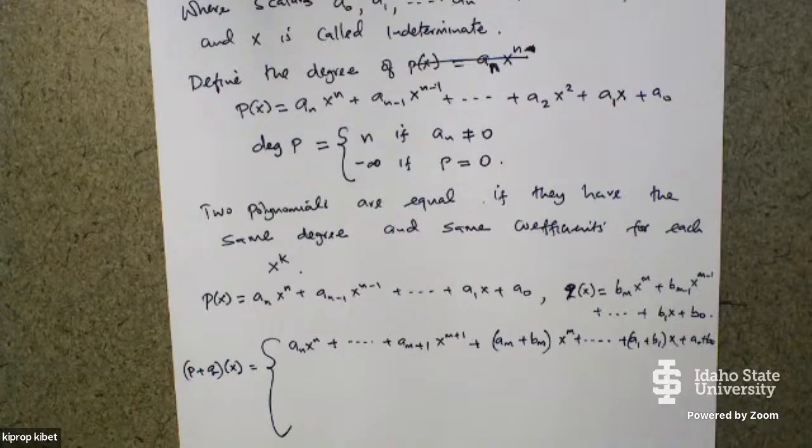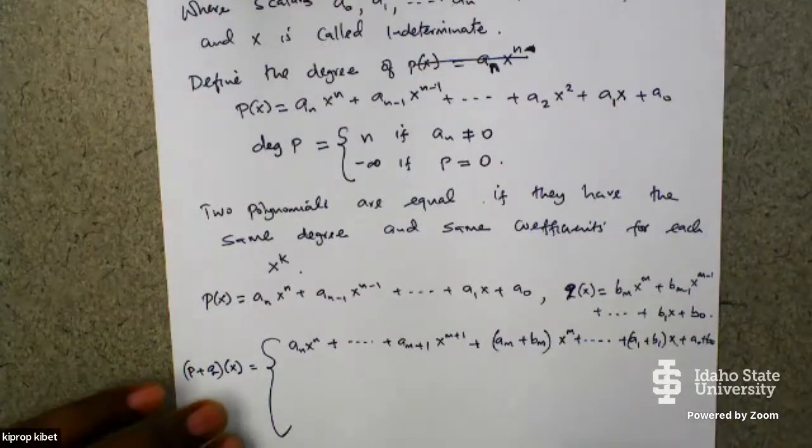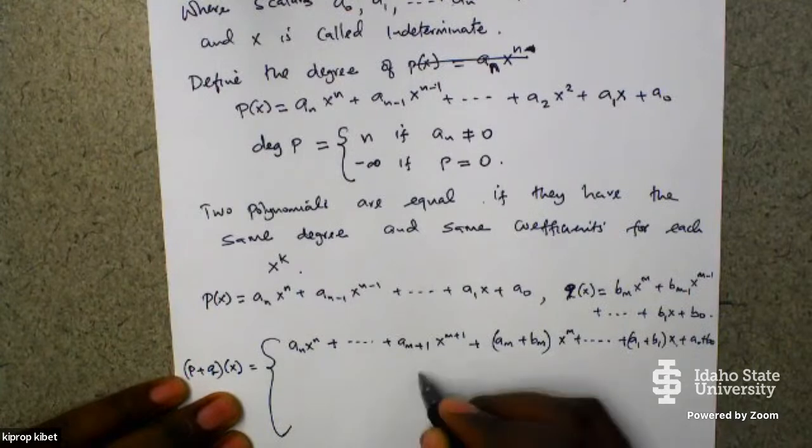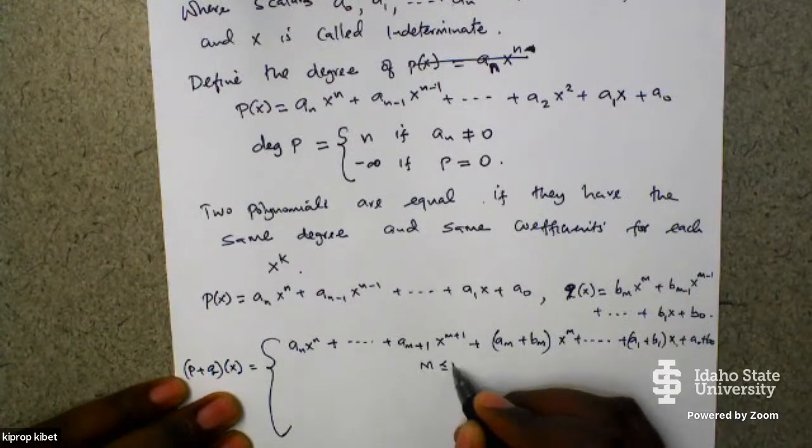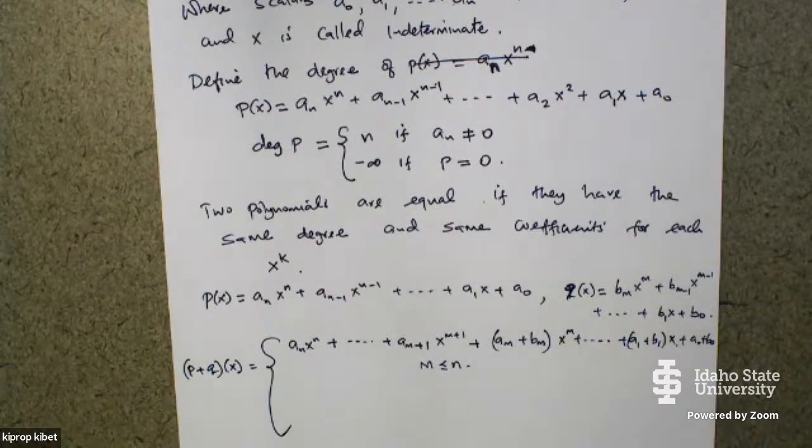This happens when m is less than or equal to n. So when m is less than or equal to n, we can write that.